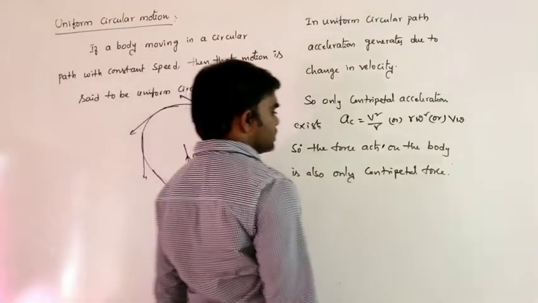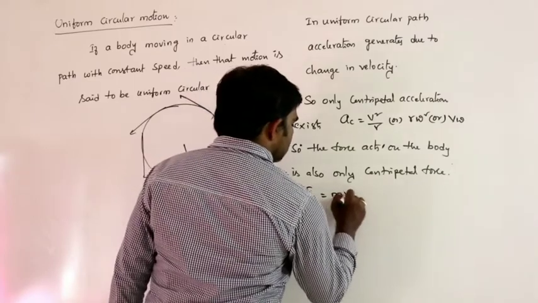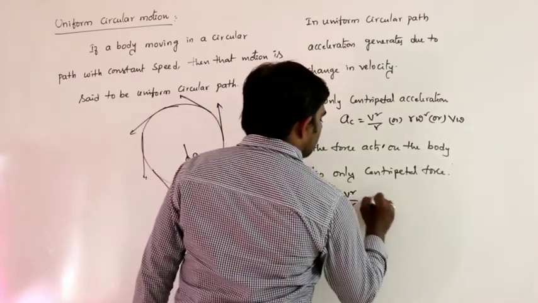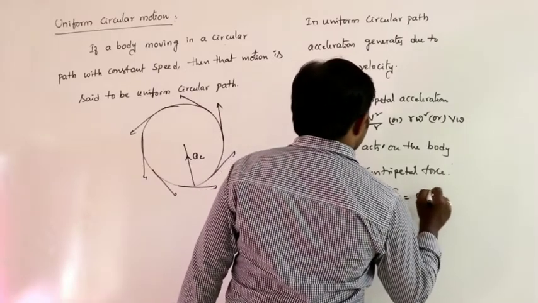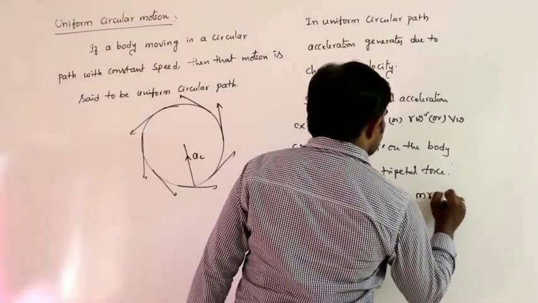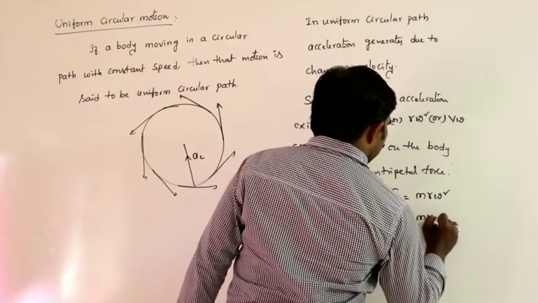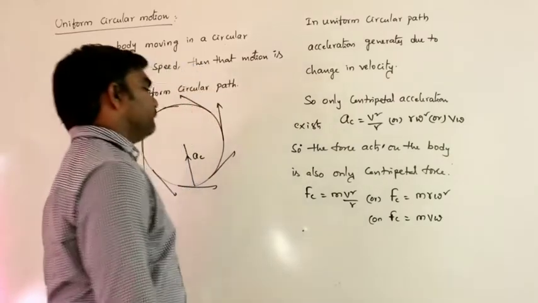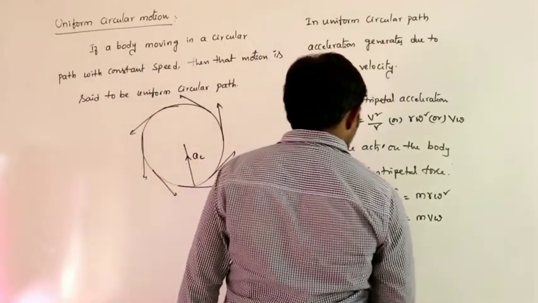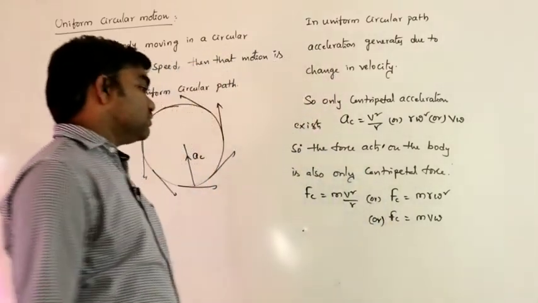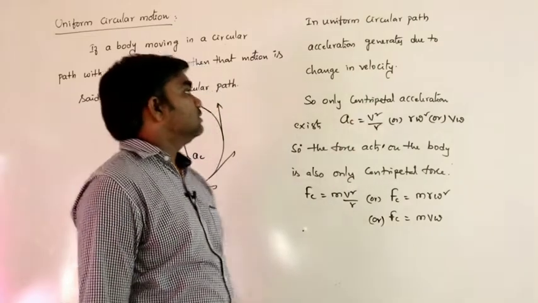And the centripetal force can be written as F equals m v square by r, or Fc equals m r omega square, or Fc equals m v omega, like this.